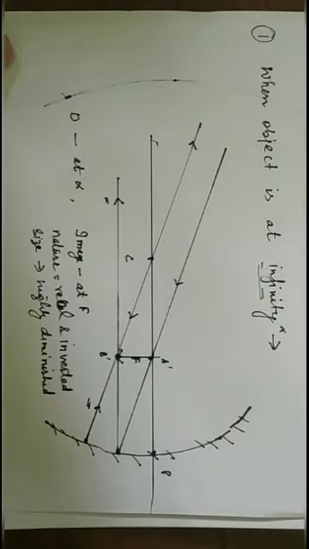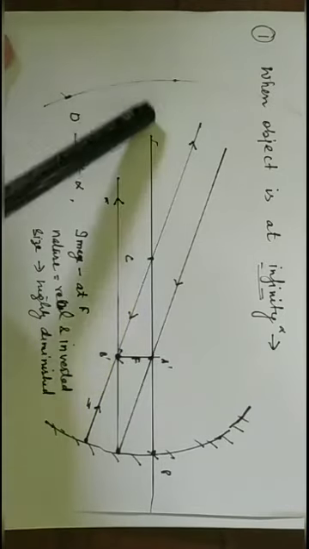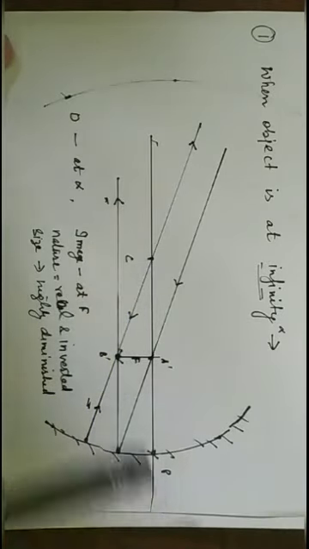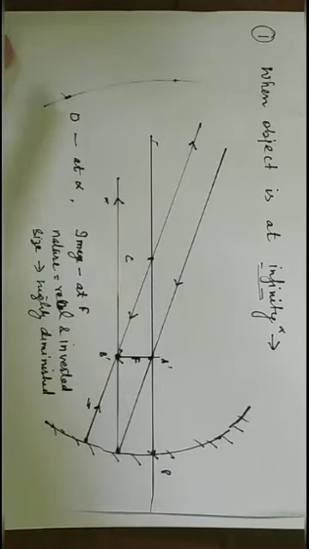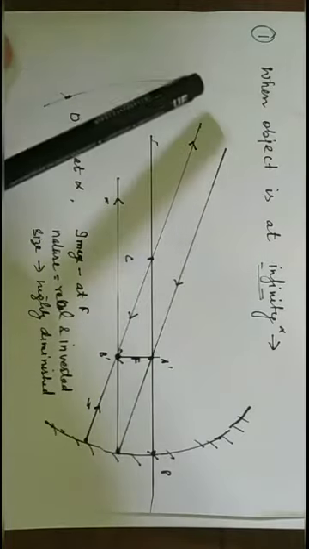So here it is my concave mirror, principal focus, C is the center of curvature, any ray passing through center and pole is known as the principal axis. Principal focus is the midpoint of C and P. As the two parallel rays are coming from the infinite object, I draw the two parallel lines.